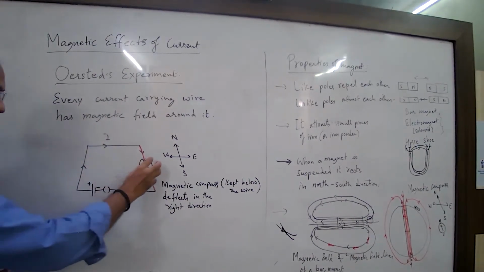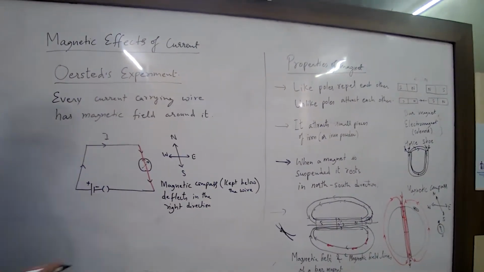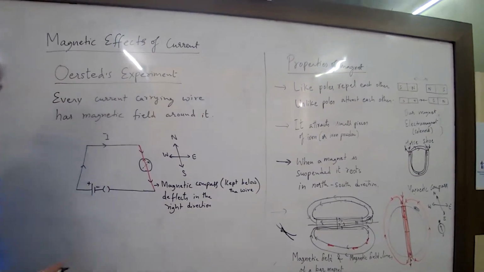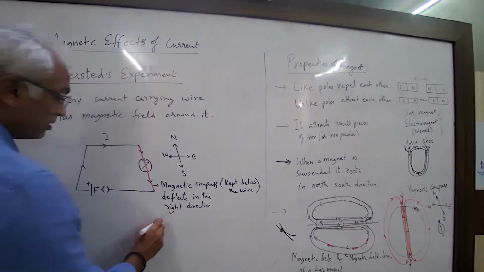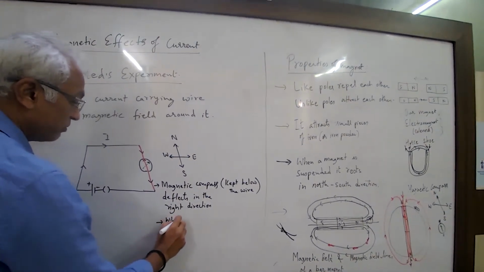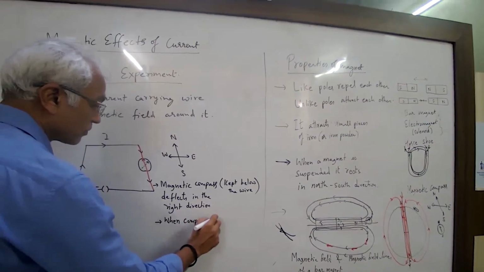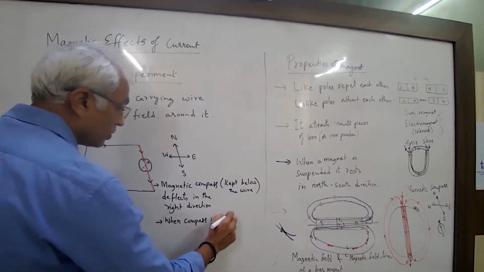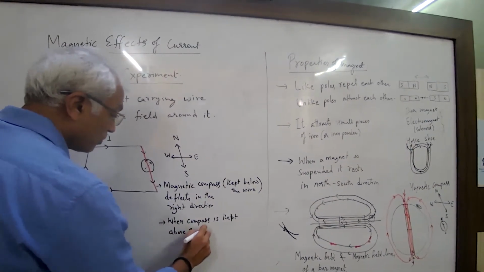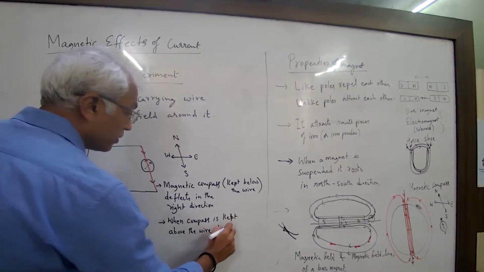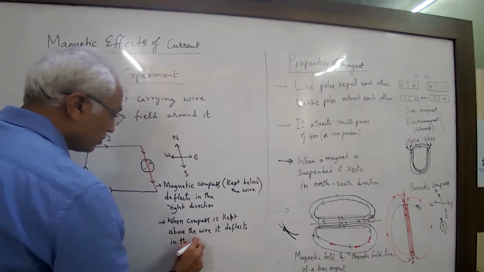When we place the compass above the wire, then it deflects in the left direction.